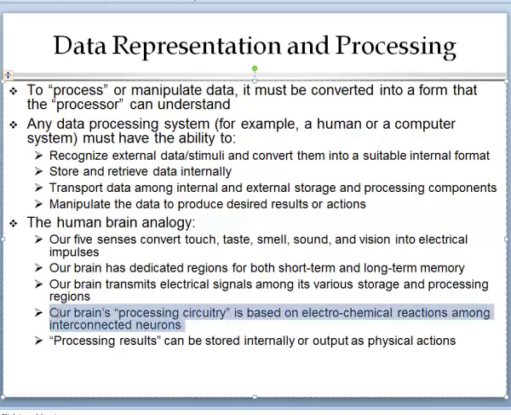Well, I'm going to jump down to the fourth bullet here. Our brain is a series of interconnected neurons. Each of those neurons is basically an electrical chemical processor. It's not quite a switch. The analogy to a switch or a transistor is certainly not perfect, although there are some similarities. And so the basic way we represent data and transport it and use it is electricity.